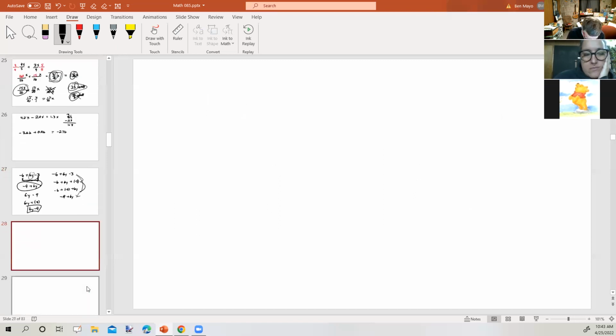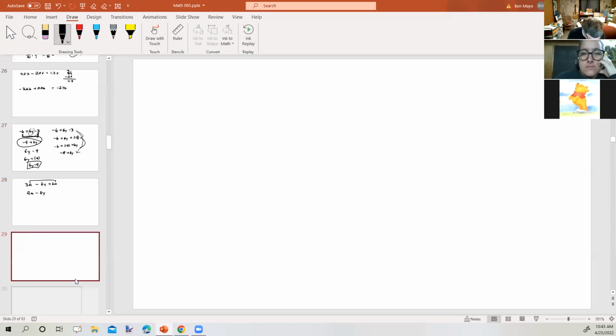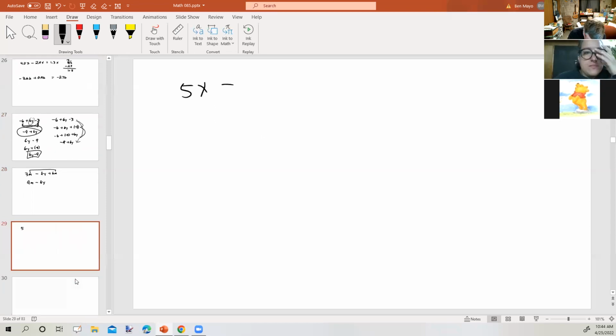Let's see. What if I had this? 3m minus 8y plus 6m. So combining like terms, I'd have 9m minus 8y. Any questions there? Okay. What if I had 5x minus 3w plus 7x plus 11w?